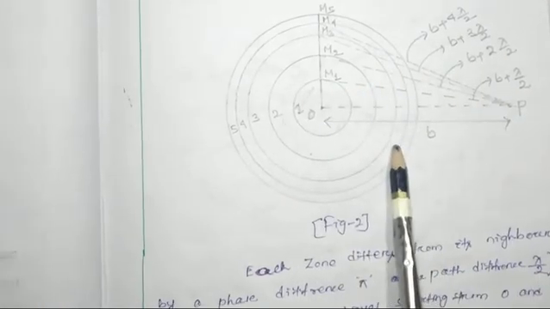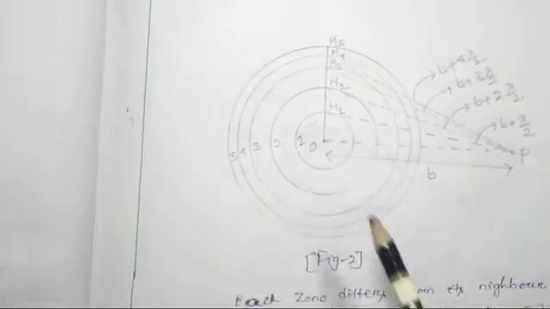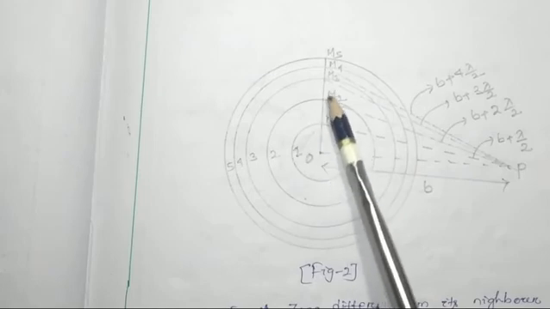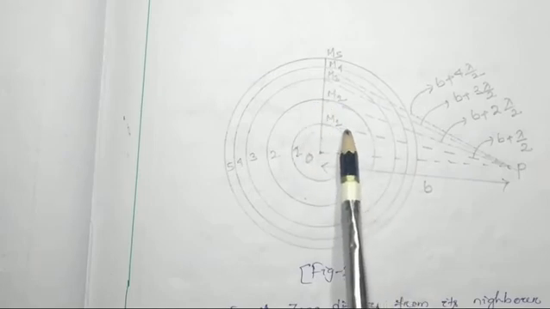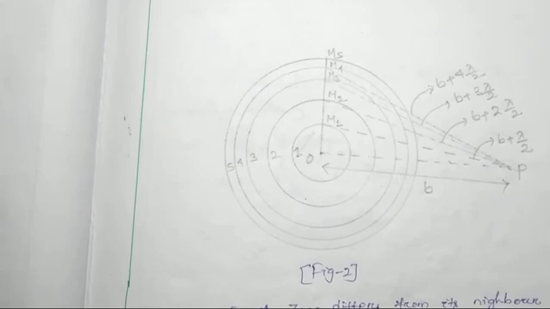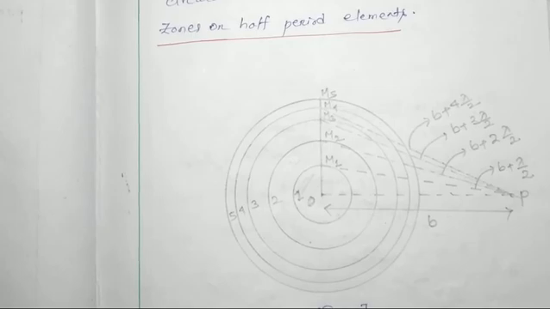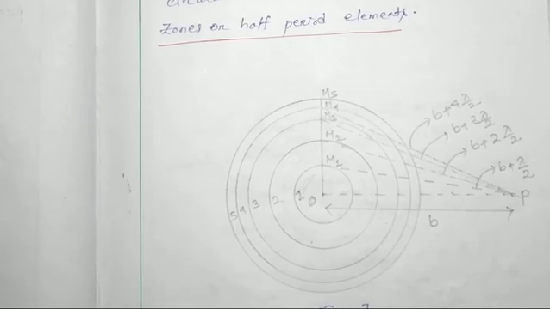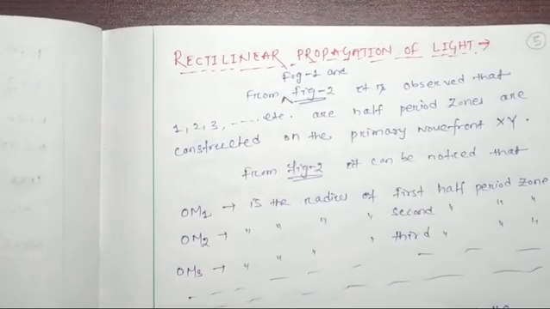Likewise, the path difference between two consecutive secondary waves, M1P and M2P, is also lambda by 2. So this is all about the introduction to Fresnel diffraction and half period zones. Next, we will consider the rectilinear propagation of light in the next video.